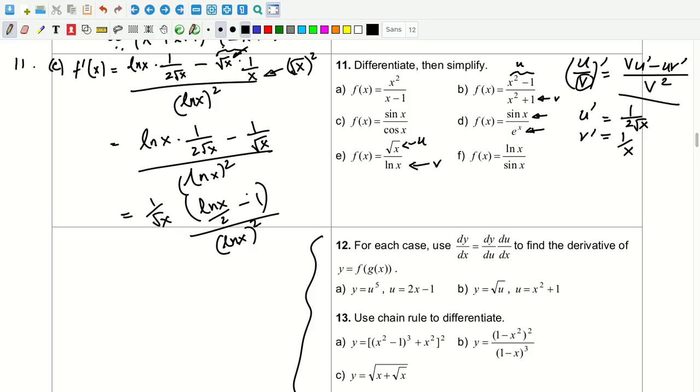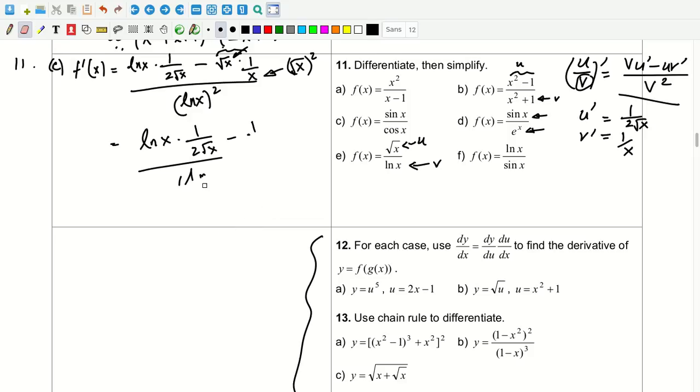I guess that's how I would put it as my final answer, but any variation to it would be fine. And if you're in a multiple choice situation and you don't see it, try to rearrange that answer so that you can get one of the answers that's provided in the multiple choice.